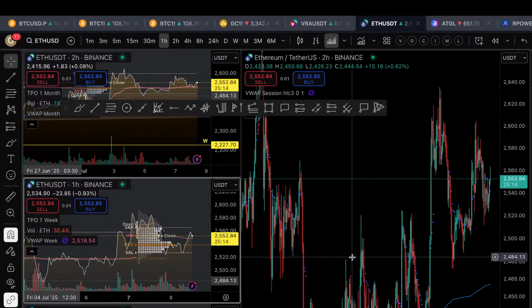Previous week close, previous week open, previous week EQ, previous EQ is 107816.